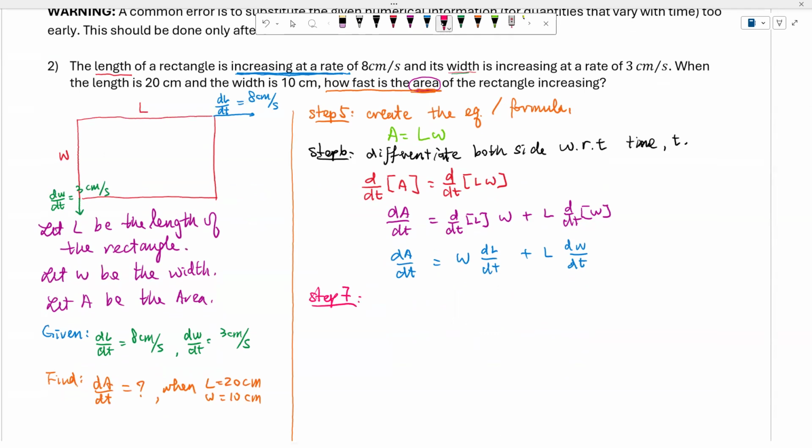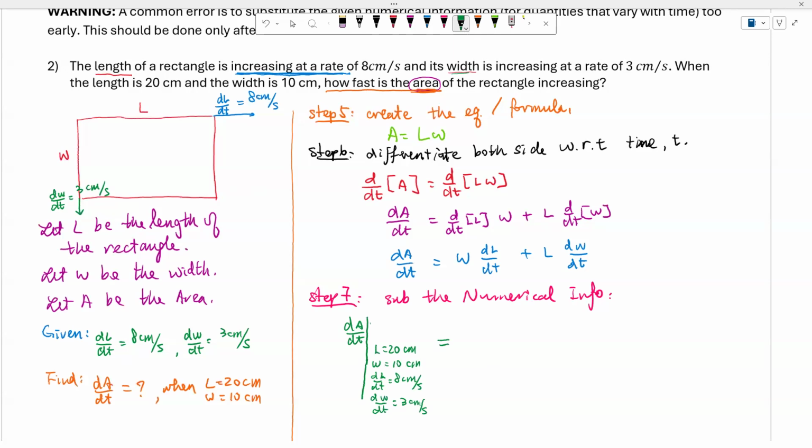We are going to substitute back the numerical information. For dA/dt, we know that L equals 20 cm, W equals 10 cm, dL/dt is x cm per second, and dW/dt is 3 cm per second.